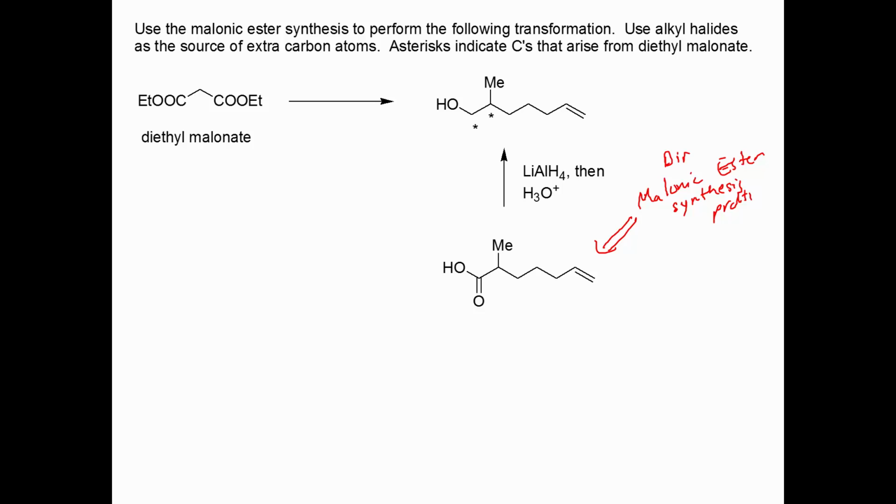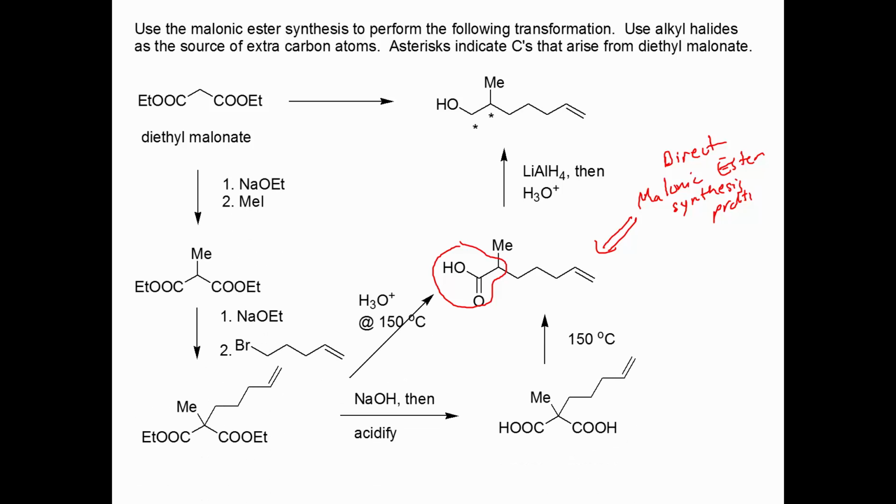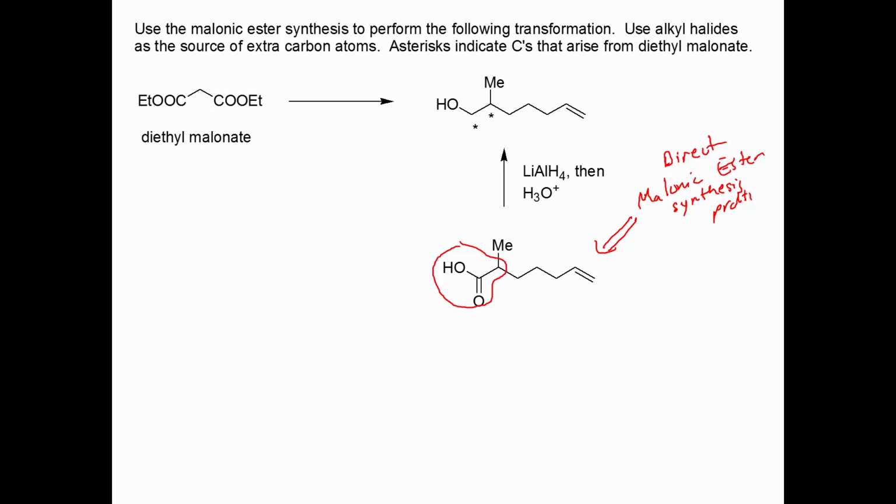So that's a direct malonic ester synthesis product. If we look at the carbons that are coming from diethyl malonate, it's only this part of the molecule. So what do we have to do? We have to install a methyl group and we have to install a pentenyl group.